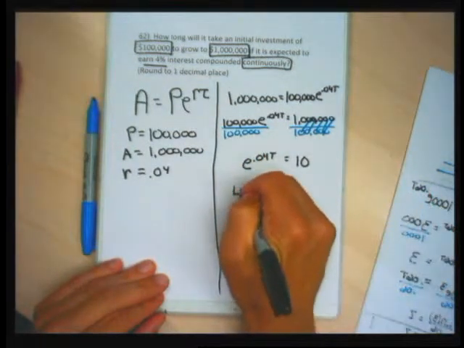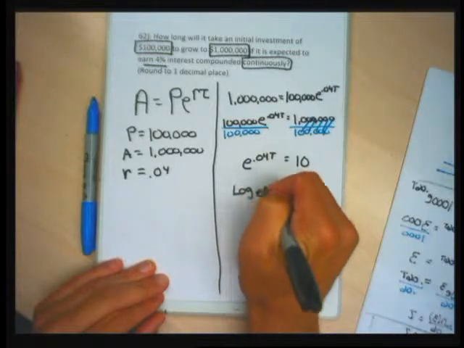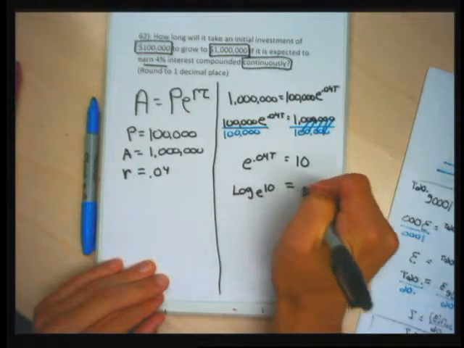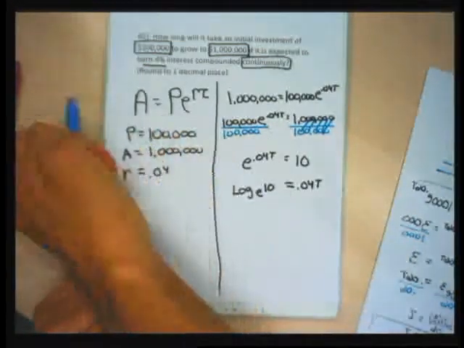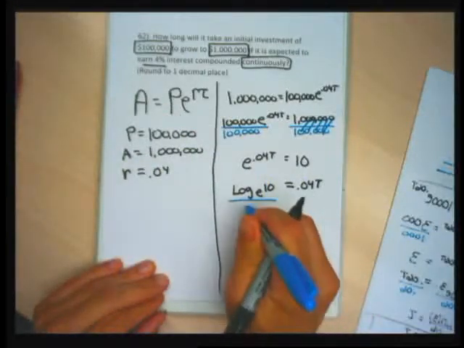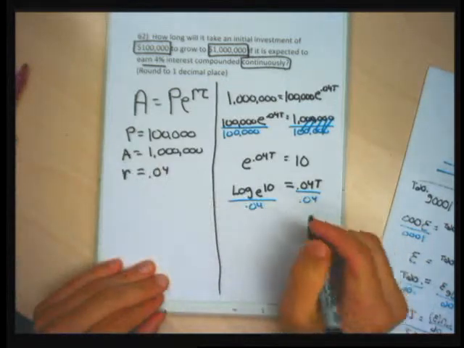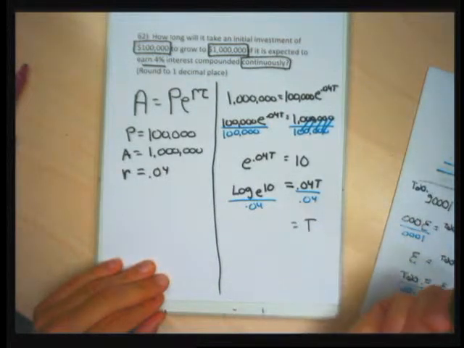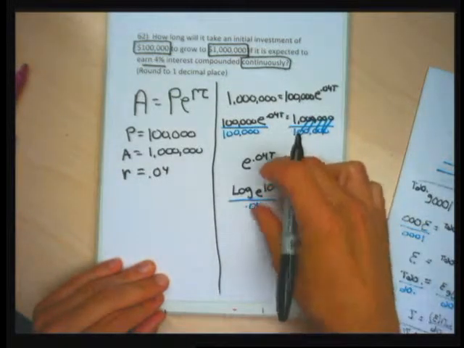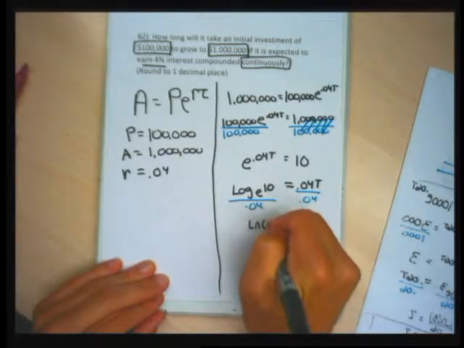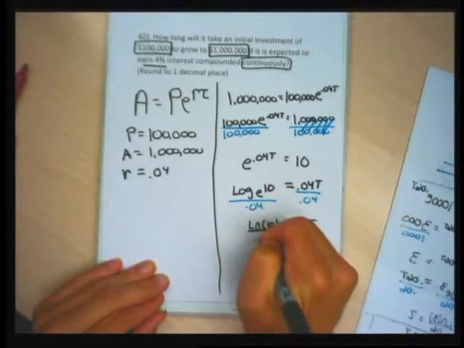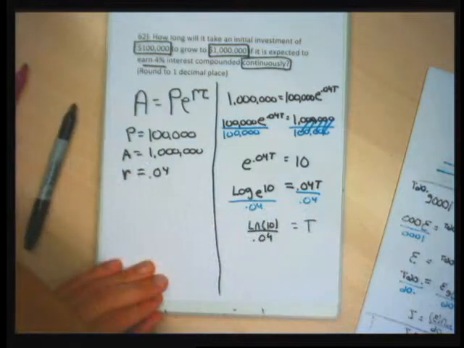Write it in its log form. The log base e of 10 equals 0.04t. Divide both sides by 0.04, and the right side gives me t. The left side I can use my calculator. I could enter that, or because it's easier to enter the ln of 10, I could do that. Both would give me exactly the same.